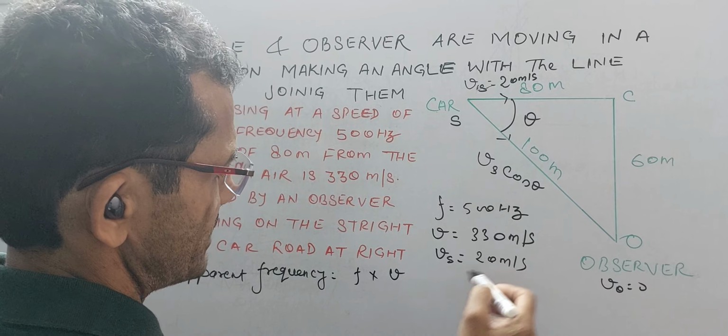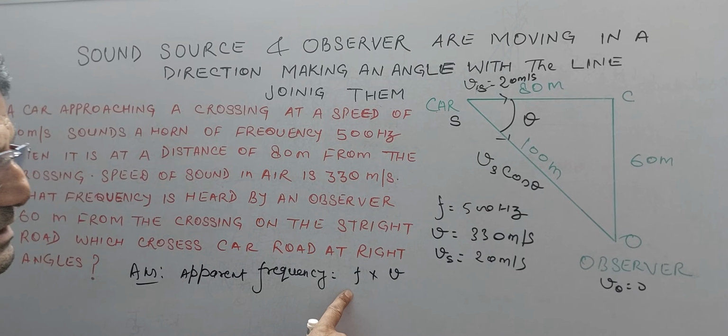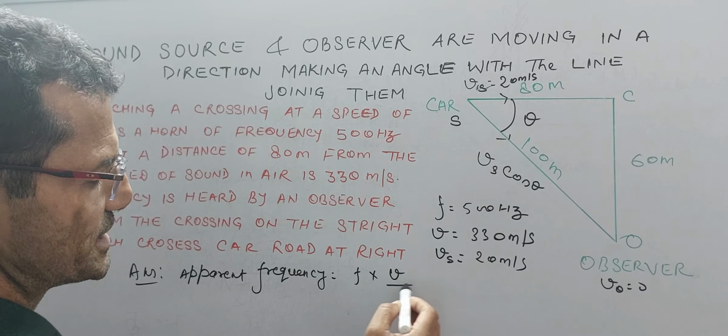If I put all these values in, the original frequency is multiplied by V divided by something smaller. Since the source is moving toward the observer, the denominator should be smaller than the numerator, so that the factor multiplying f is greater than 1.